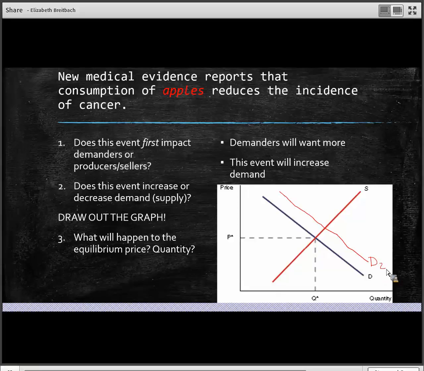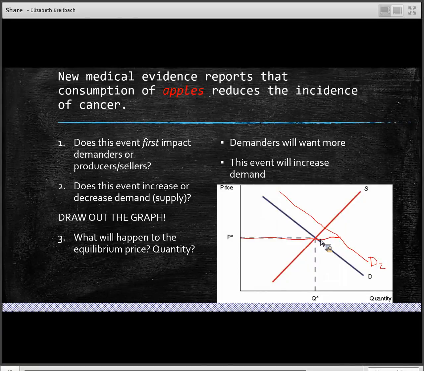That old demand curve doesn't exist anymore. Okay, but sellers are still charging that equilibrium price. So sellers are still charging the equilibrium price even though the new demand curve is right here.